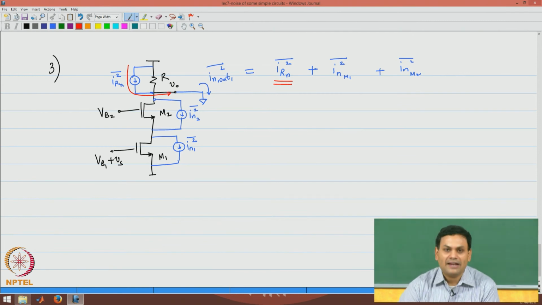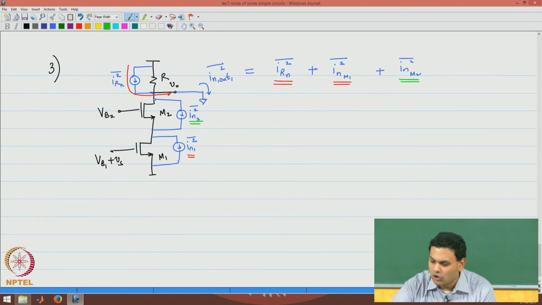Now we need to calculate the component of noise current IN1 that is flowing through the output, which I am going to call INM1, and the component of IN2 flowing through the output, which I have called INM2 squared. Let us calculate these 2 quantities.